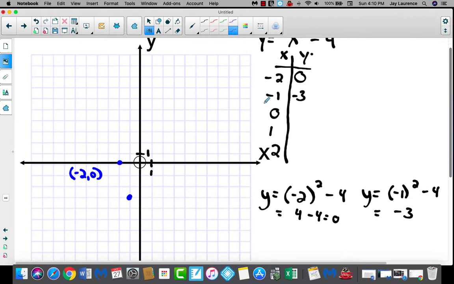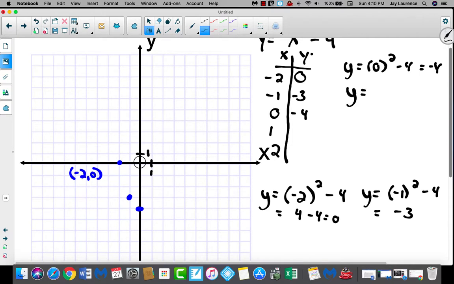If I put 0 in, I'm going to get y equals 0 squared minus 4. That should just come out to be negative 4. Okay. Now, a nice thing about parabolas and quadratics is that they're symmetrical. Watch what's going to happen.